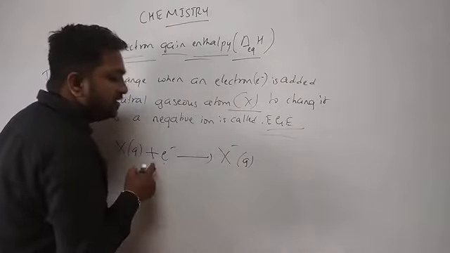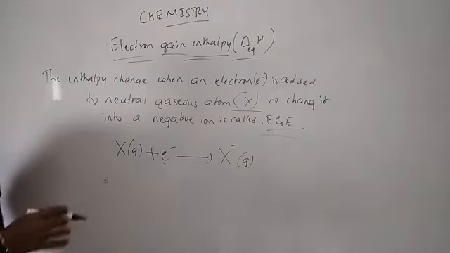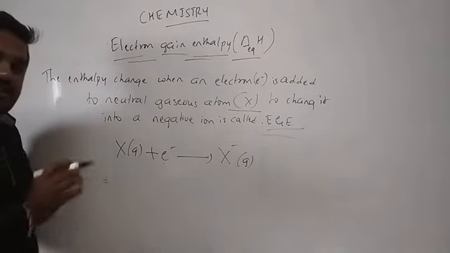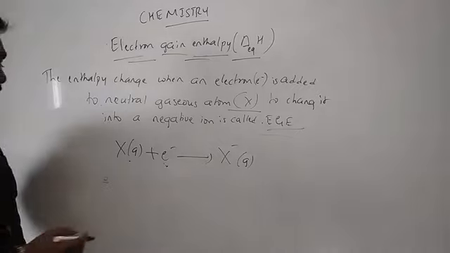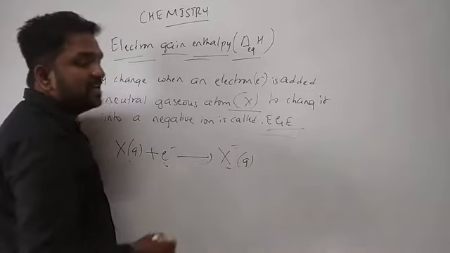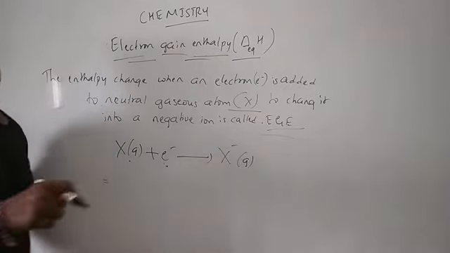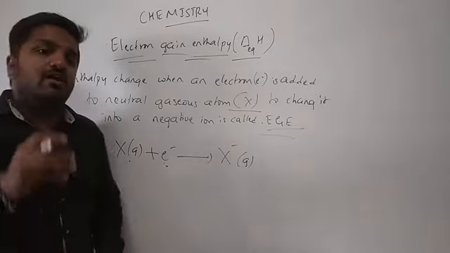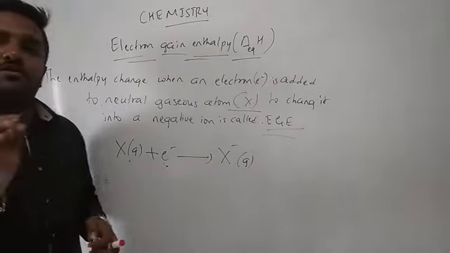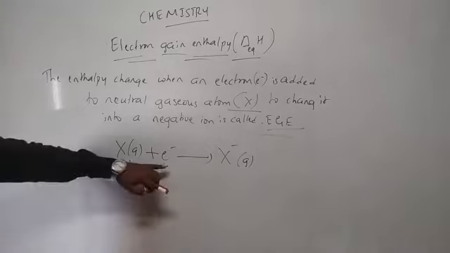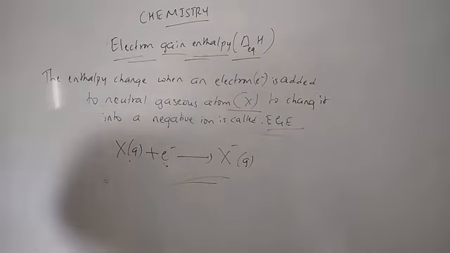The enthalpy change in this process we call electron gain enthalpy. When an electron is added, the neutral atom is converted into a negatively charged ion. When an electron is removed, the neutral atom is changed into a positively charged ion, because electrons are negatively charged.